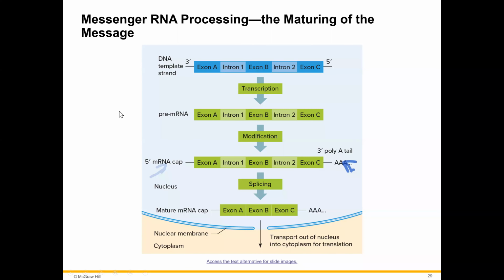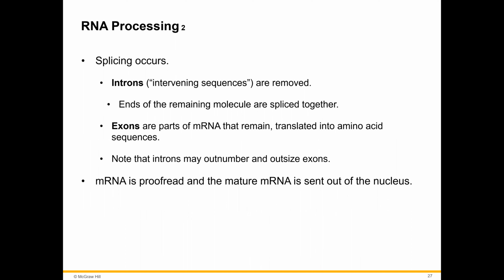We need to splice the messenger RNA, because when we made this mRNA, it has introns that do not code for proteins and exons that code for protein sequences, for amino acid sequences.